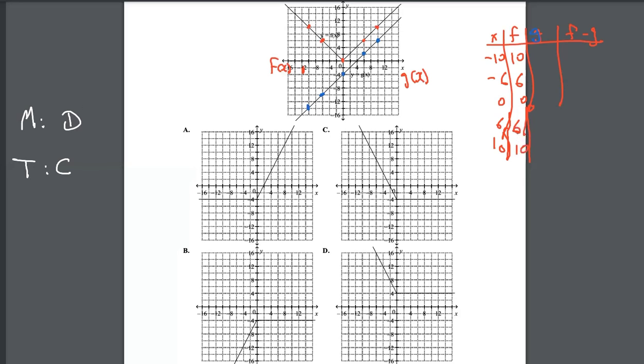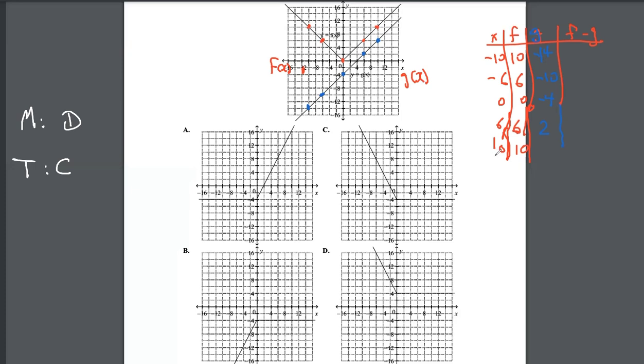Okay. For the g, for -10, it gave me -14. For -6, it was -10. For 0, it was -4. For 6, it was 2.